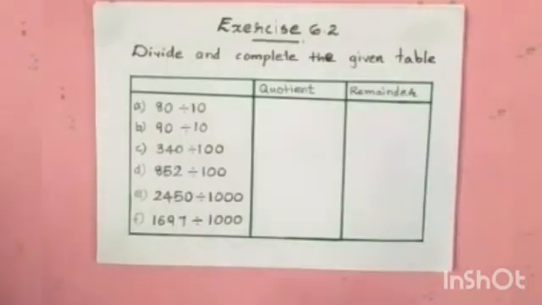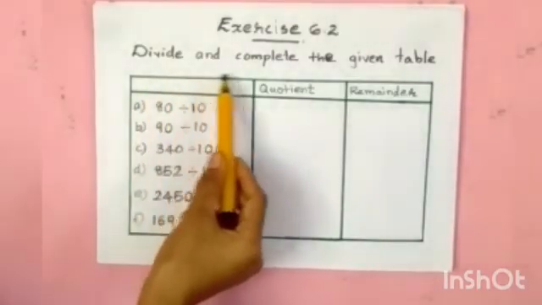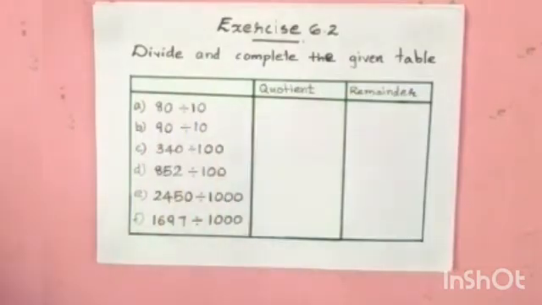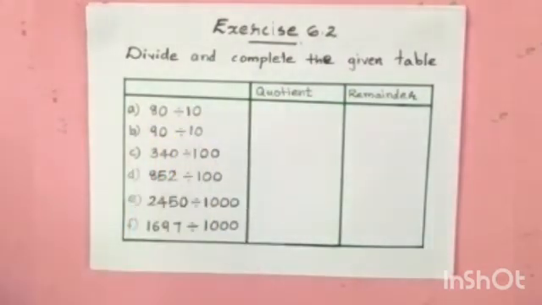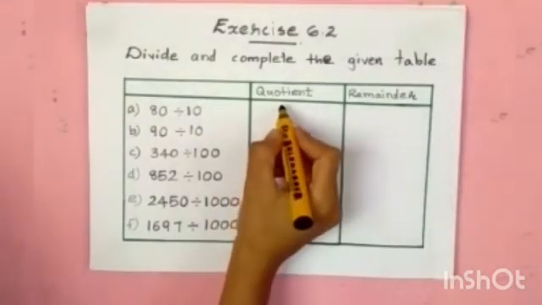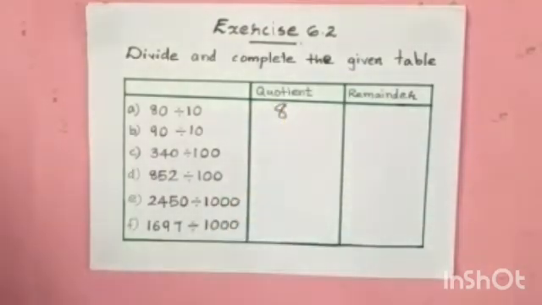Students, look at this table. Divide and complete the given table. Question is 80 divided by 10. In table of 10, you know that 8 tens are 80. So we can write the quotient is 8.